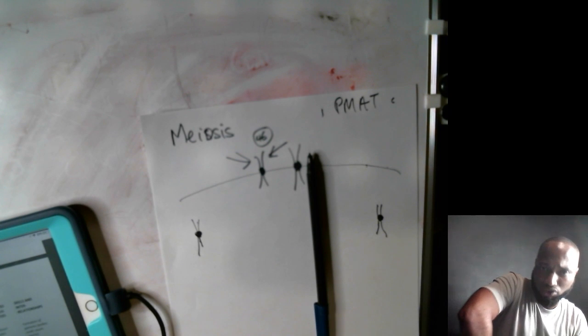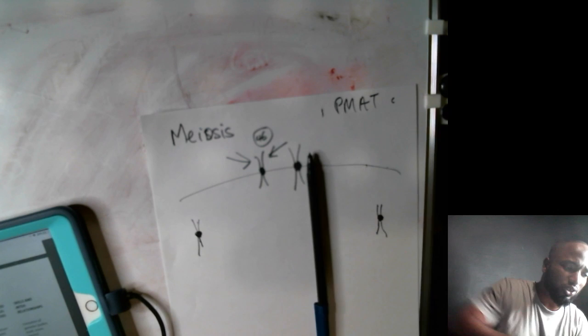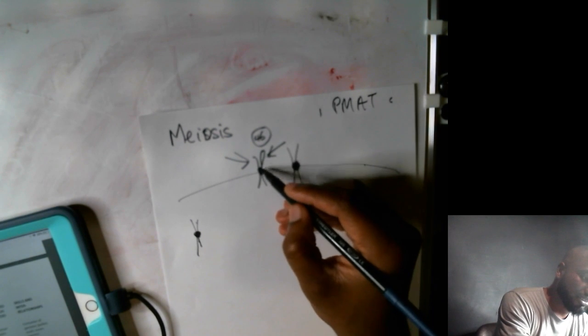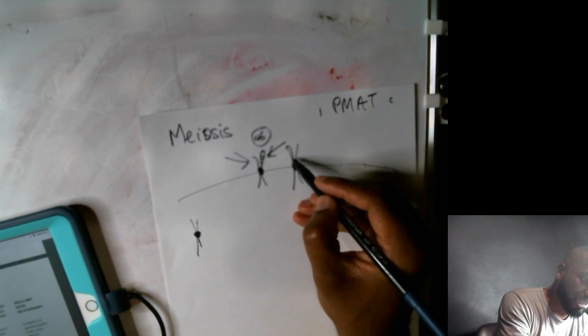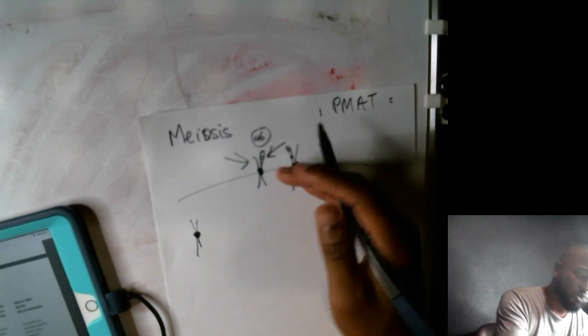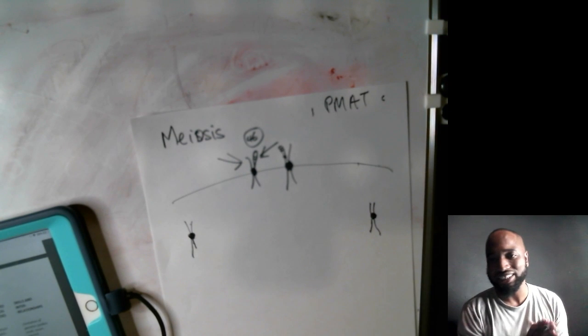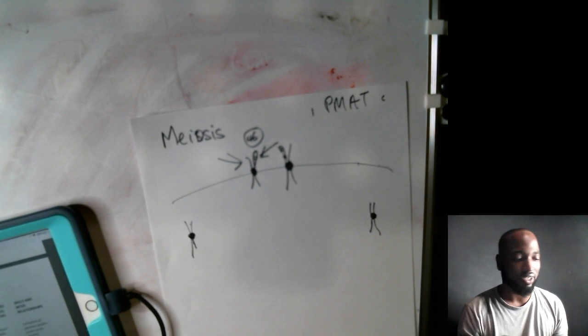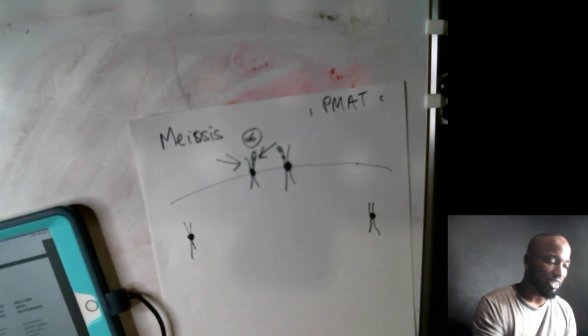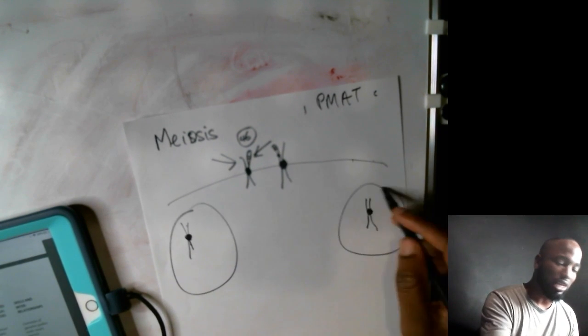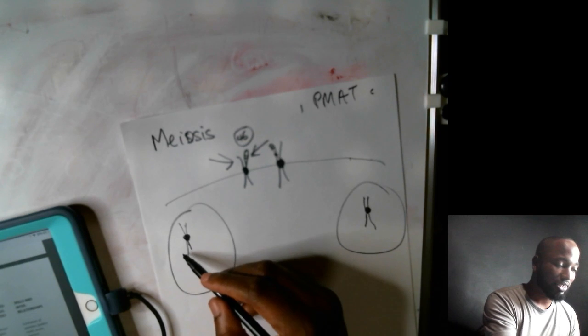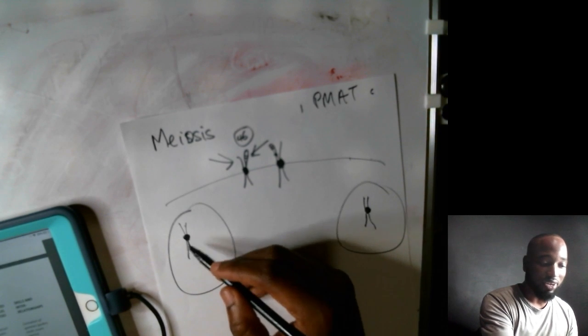Crossover, genetic crossing over. Right, so with that crossing over, little sections get messed up. So what you have on here is just going to be different.